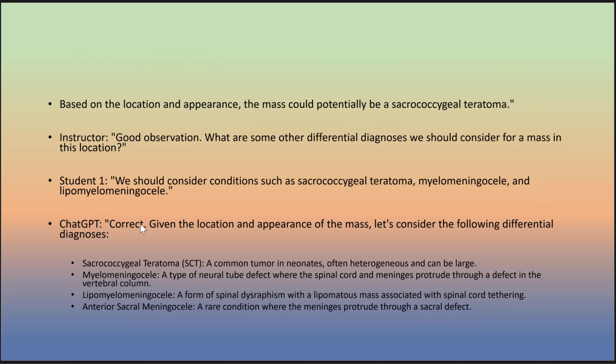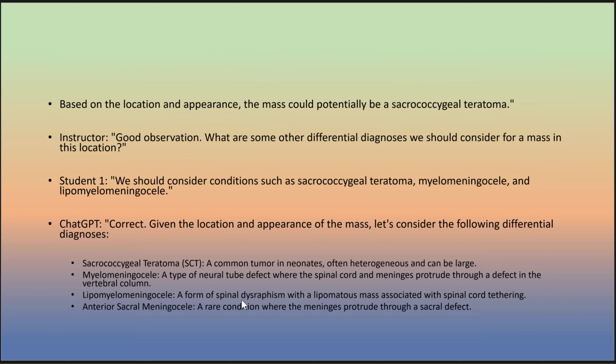ChatGPT said correct. Given the location and the appearance of the mass, let us consider the following differential diagnosis. Sacrococcygeal teratoma is a common tumor, often heterogeneous and can be large. Myelomeningocele is a type of neural tube defect where the spinal cord and meninges protrude through a defect in the vertebral column.